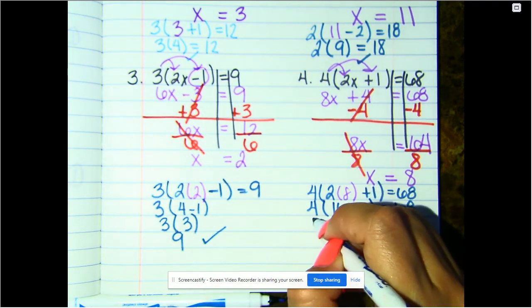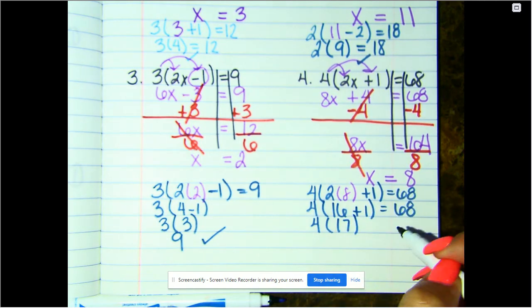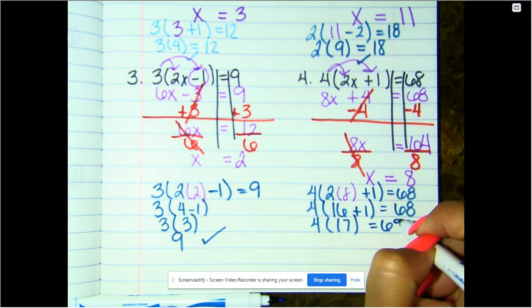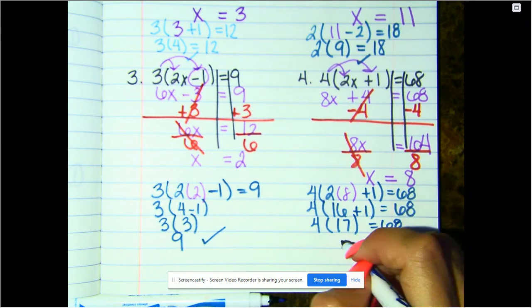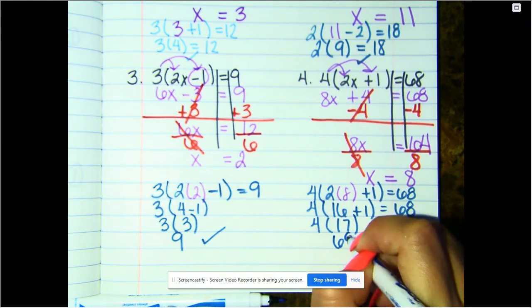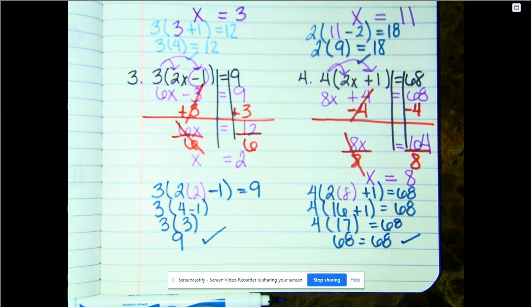Okay, now I have 4 times 16 plus 1 is 17, and let's make sure that that is going to equal 68. And 4 times 17 does equal 68, and so my answer was correct.